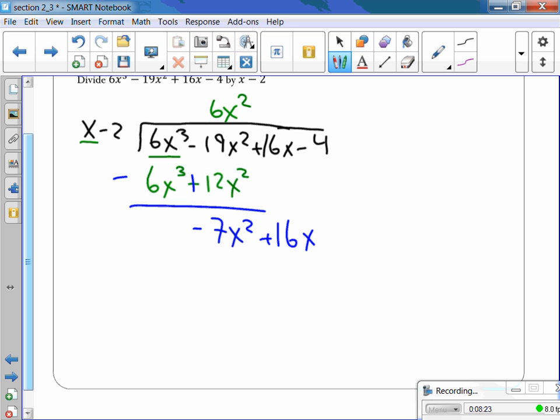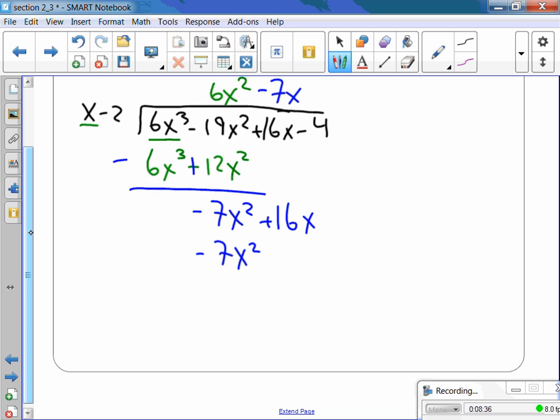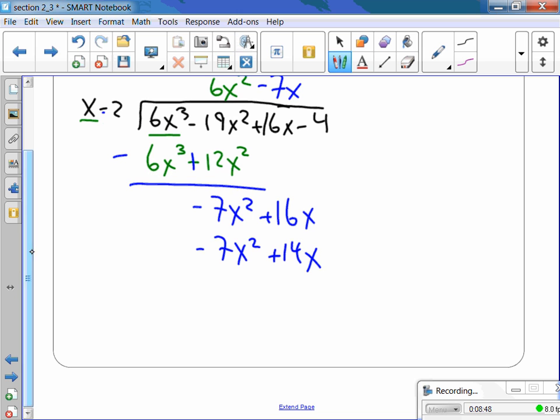Absolutely. So minus 7x times my divisor gives us what? Negative 7x squared minus 14x. Oh, plus 14x. Absolutely. Jordan? And then you subtract that, so my signs change. It gives you 2x, and you bring down the minus 4. Absolutely. 2x, and then we have that minus 4.